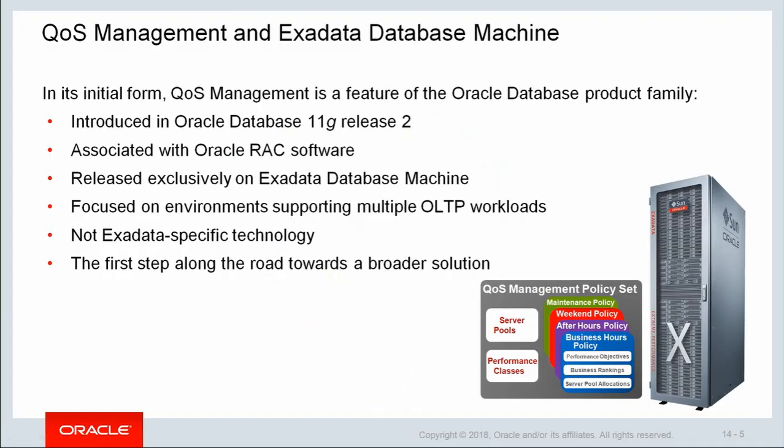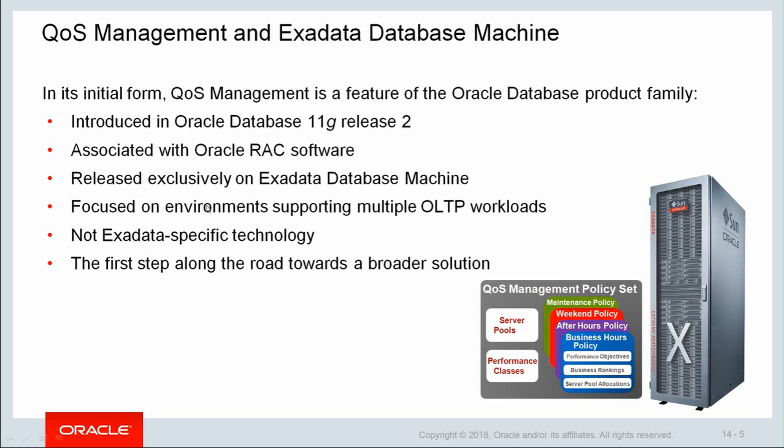Quality of Service is a feature of the database product family. It was introduced in 11gR2, associated with RAC software initially. So initially, it was only for Exadata Database Machine.